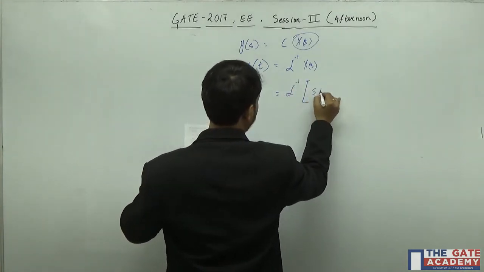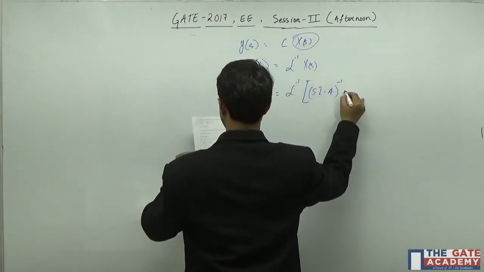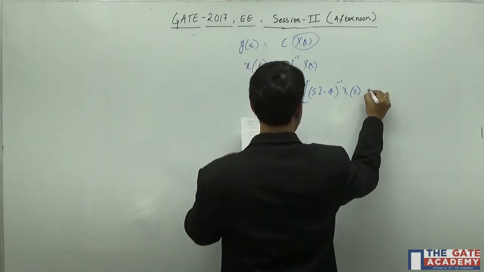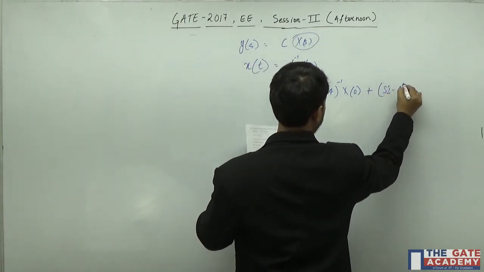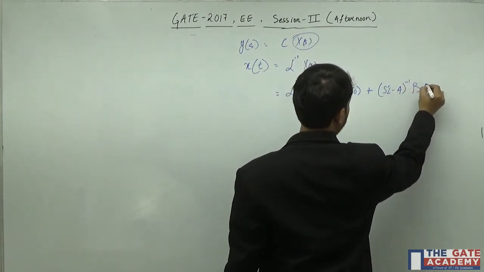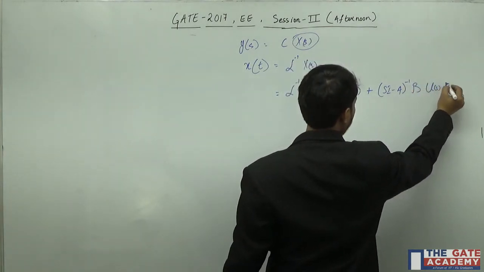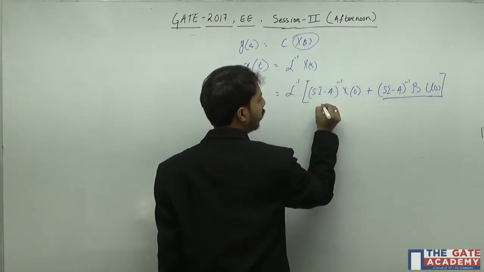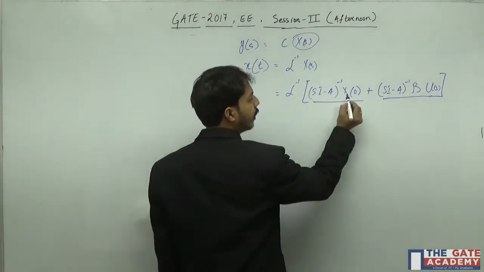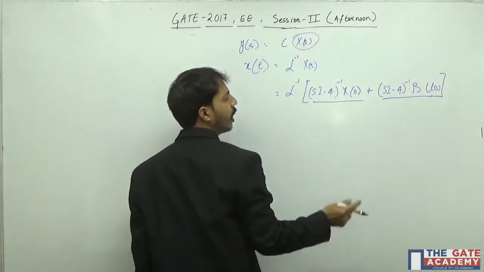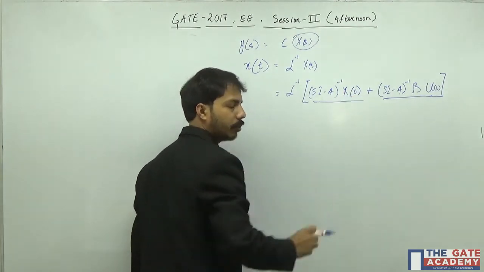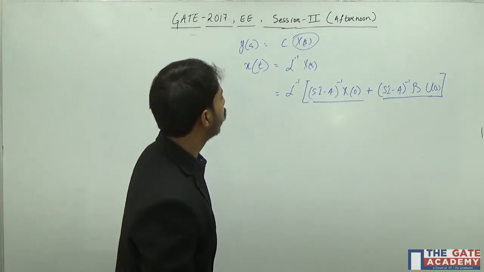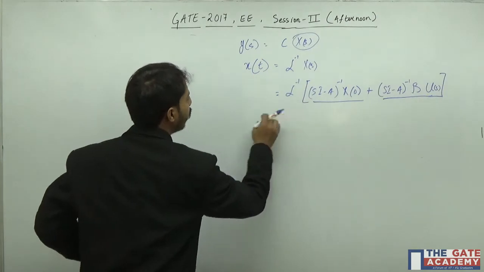X(s) is nothing but (sI minus A) inverse into x0, that means initial condition, plus (sI minus A) inverse B into input. So this is the natural response, this is the forced response. Since the system is not at 0 initially, you have to consider this x0 also. So first thing that you need to find out is (sI minus A) inverse.